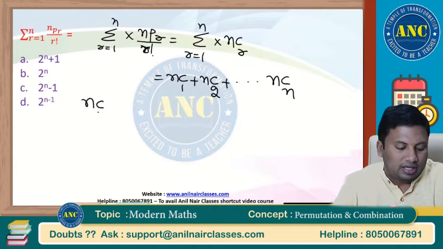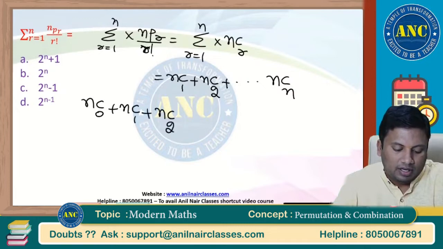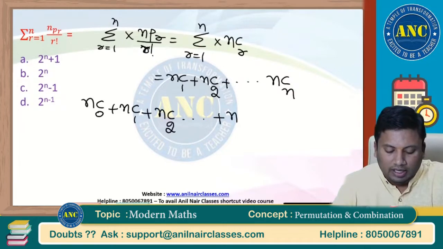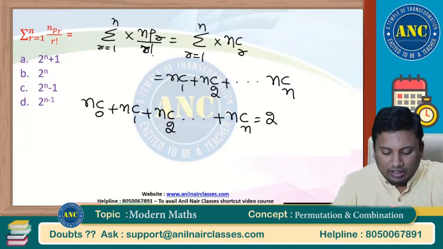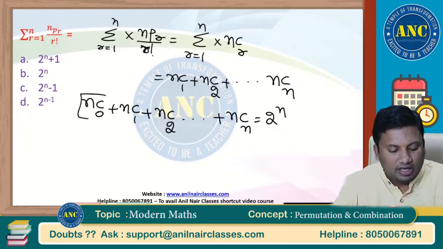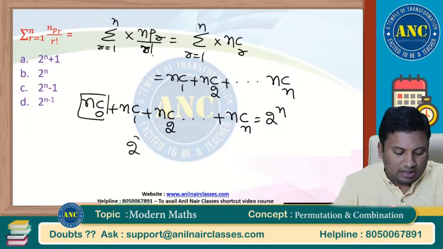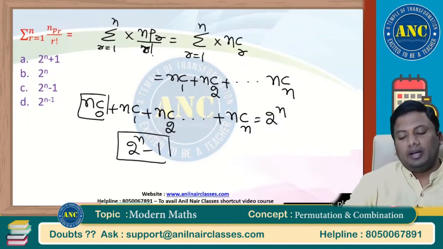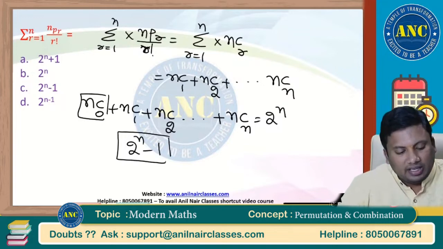Just now we have seen in the property NC0 plus NC1 plus NC2 till NCN is 2 power n. NC0 is missing, so the answer is 2 power n minus 1.